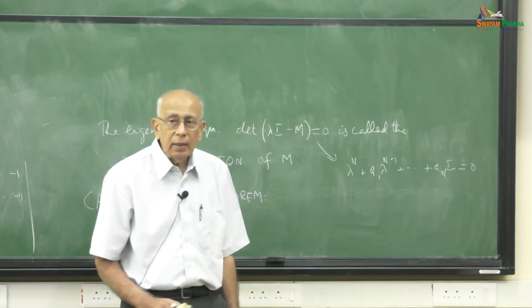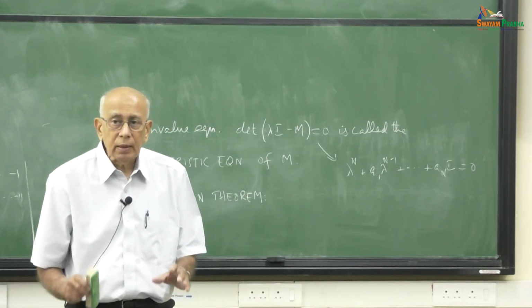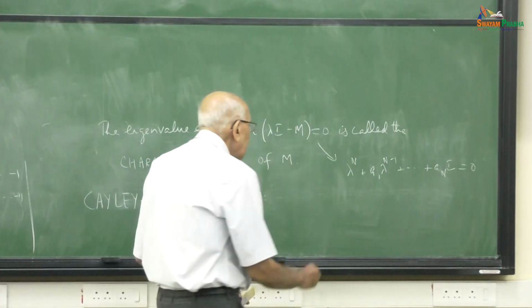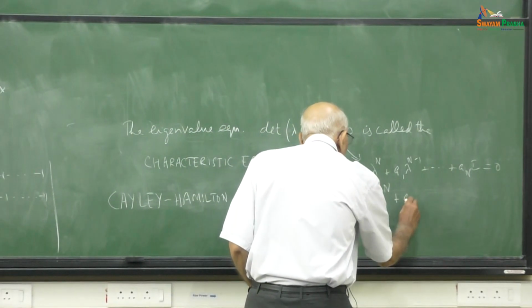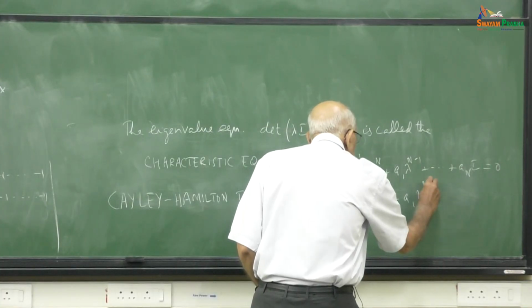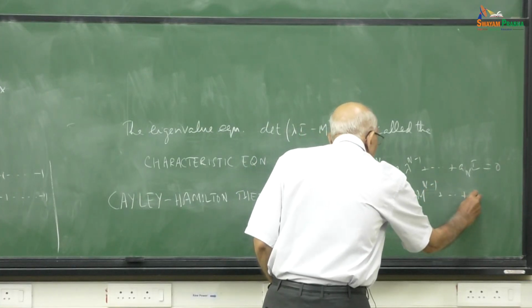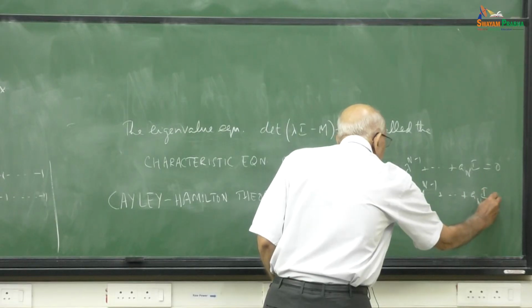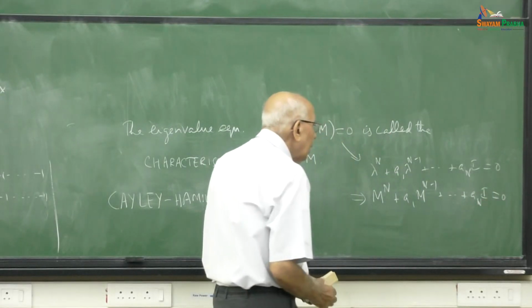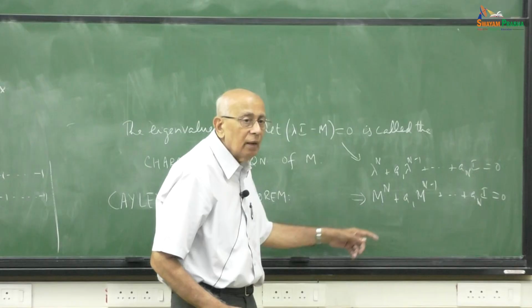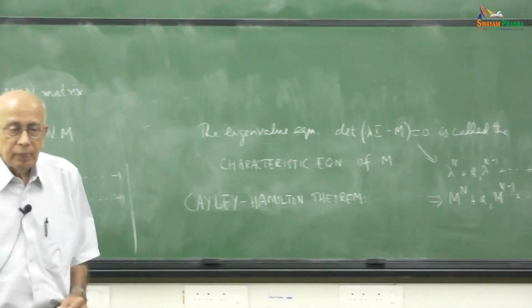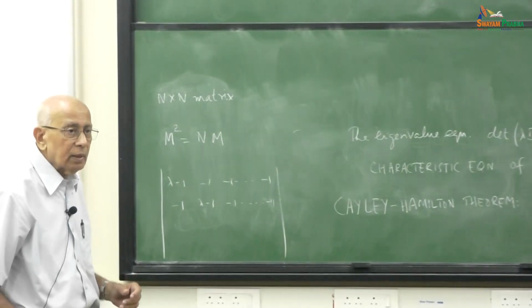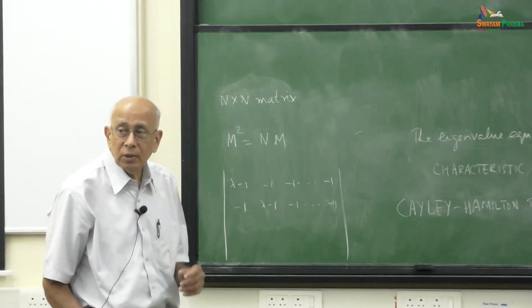What does it mean to say that every matrix satisfies its own characteristic equation? The Cayley-Hamilton theorem implies that M to the n plus a1 M to the n minus 1 plus dot dot dot plus an I equal to 0. So where lambda appears, you replace it by the matrix itself, and that equation is guaranteed to be satisfied. It's not a very hard theorem to prove, but it looks trivial, but it's not.